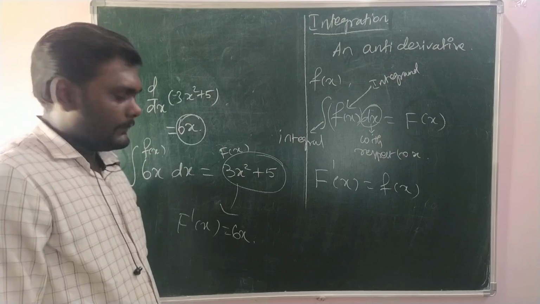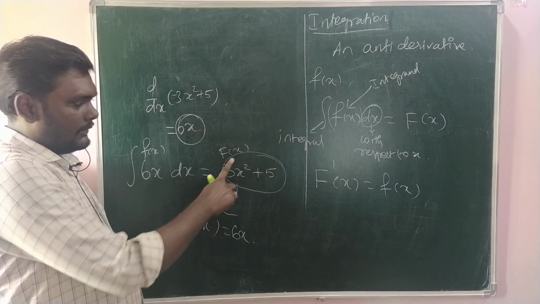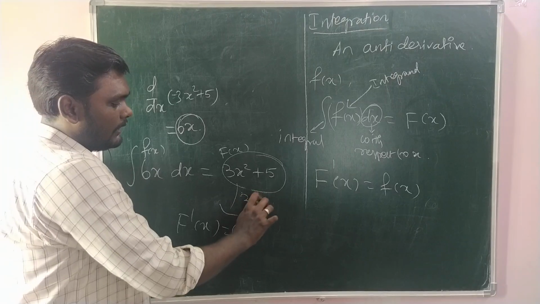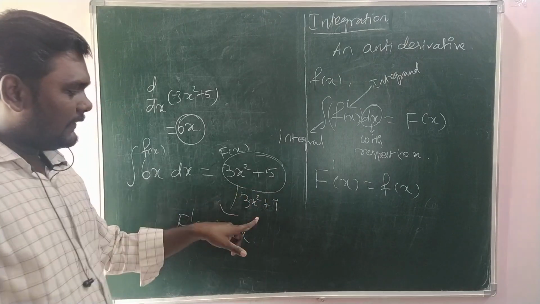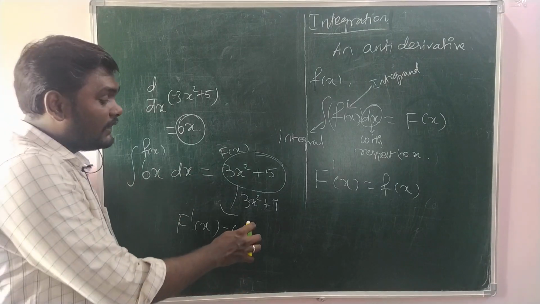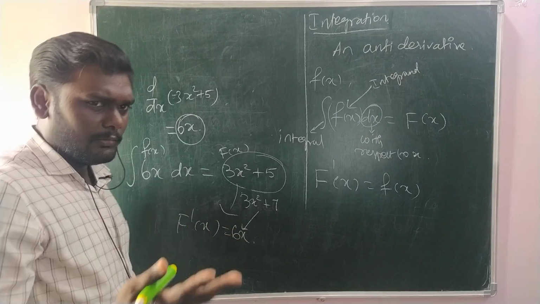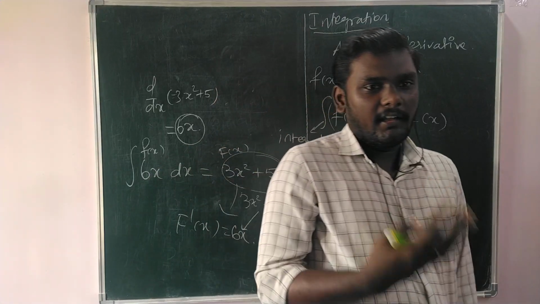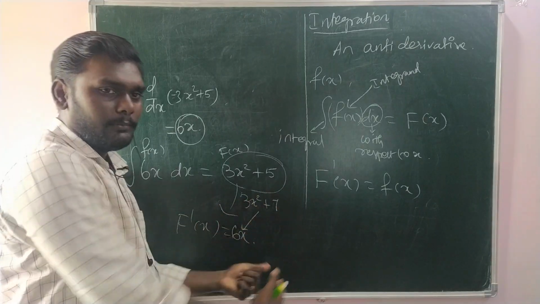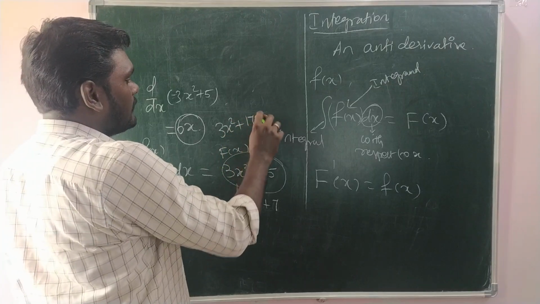But I have a doubt. I said this function's derivative is 6x. What about a function like 3x square plus 7? Are they the same function or different functions? Different functions. What is their derivative? As we are talking about antiderivative, before it was derived it may be of the form 3x square plus 5, 3x square plus 7, or some other 3x square plus 1728.